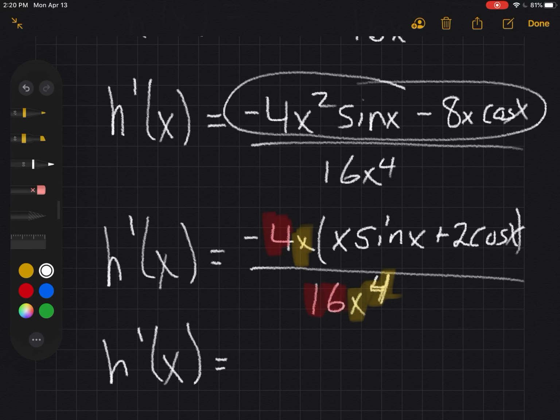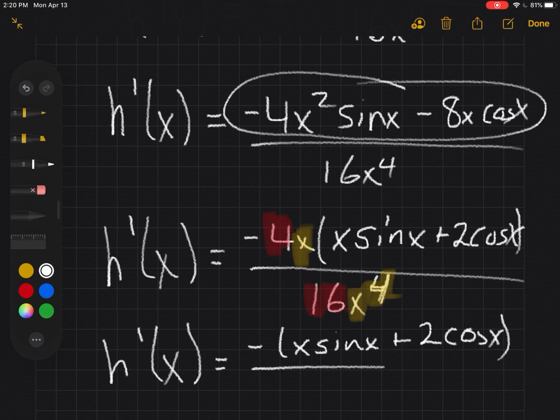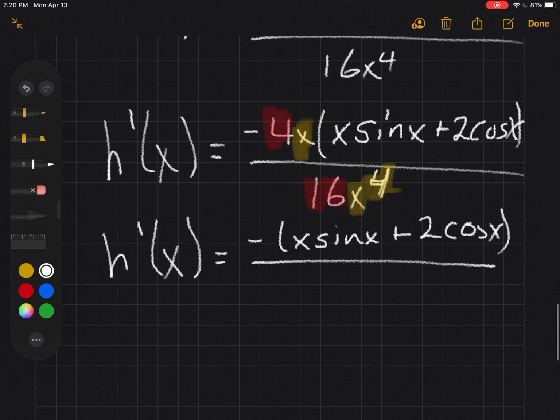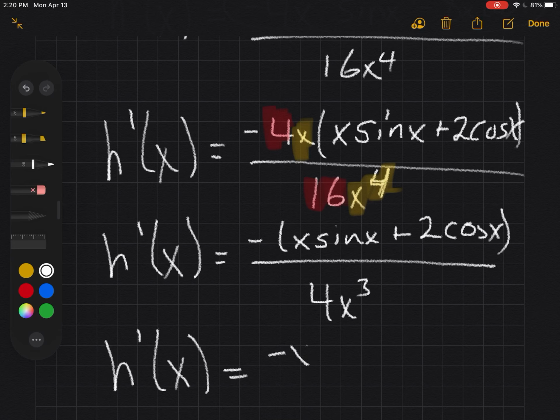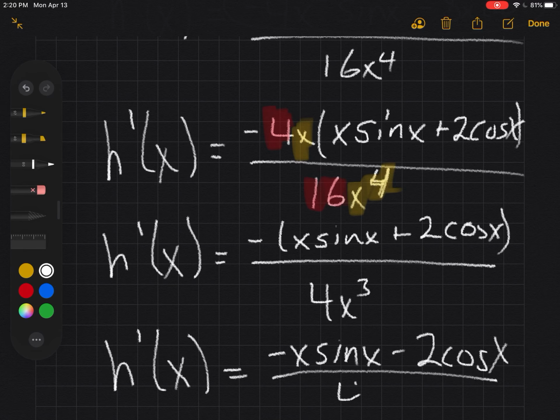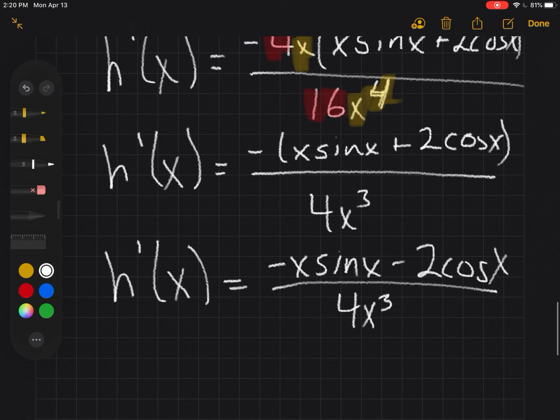So now I can hopefully notice that negative 4 and 16 have common factors, and x to the 4th have common factors. And I get h prime of x is equal to negative x sine x plus 2 cosine x all over 4x to the third power.